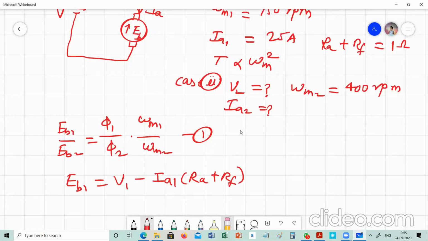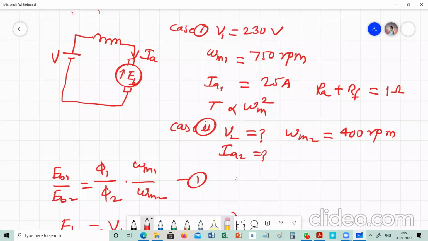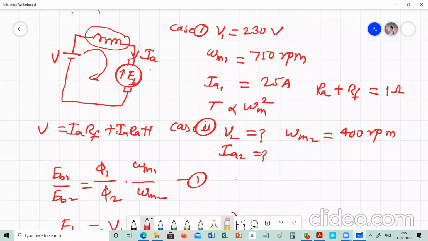EB is equal to V minus IA RA, that is what we write. Now here it is a series motor, so if you apply KVL, you will see V is equal to the drop in the field, which is the current through the field, equal to IA, times the resistance of the field RF, plus the drop in armature resistance RA, plus back EMF EB.